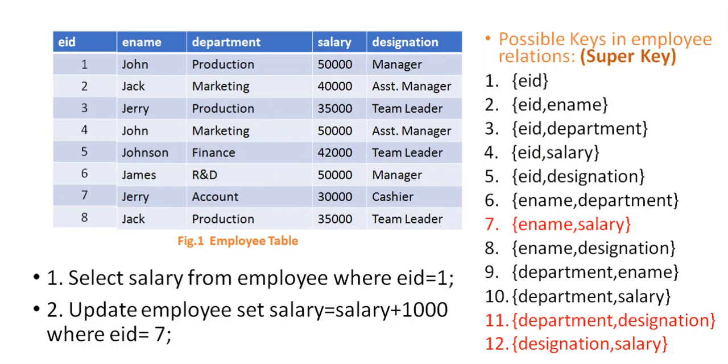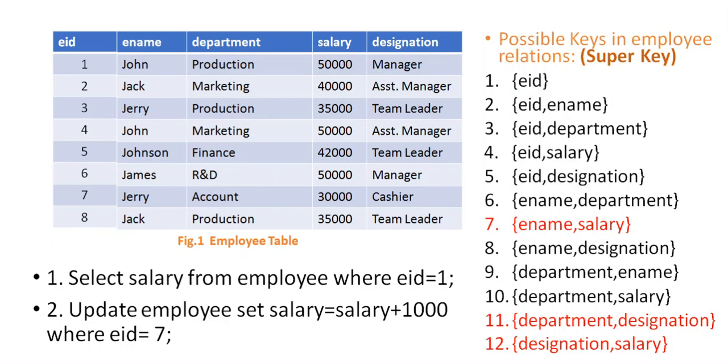Means when you say any set, like department and e-name is one set, if you take the value of one department and the value of one employee name, then that combination must be different from all other combinations in your table. So this is how we can find out keys in a table.